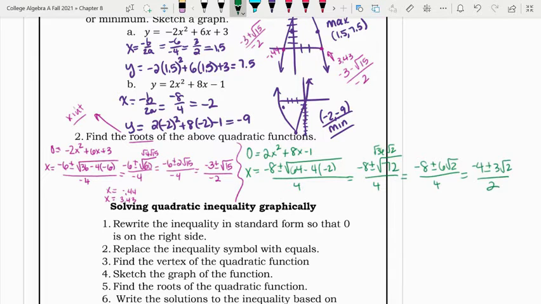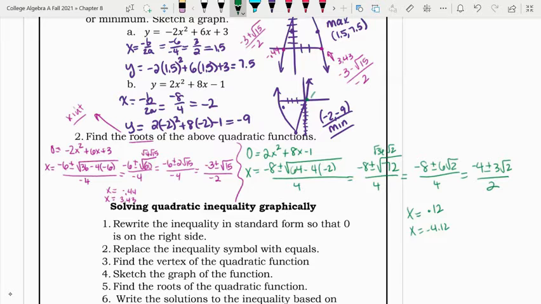So let's get the two decimals of that. Negative 4 plus 3 square root of 2 divided by 2. So I have one decimal at 0.12. And then the other one is negative 4 minus 3 square root of 2 divided by 2, negative 4.12.